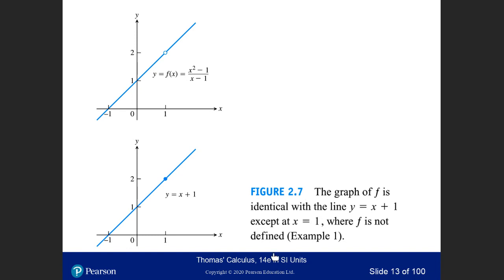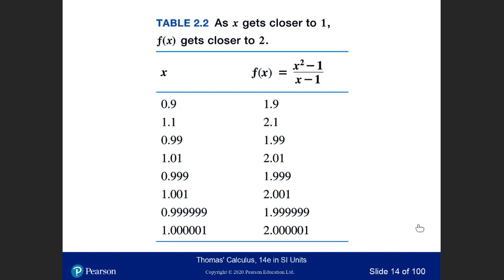Okay, so now let's look at this table. This table shows us very clearly what happens. I'm going to calculate f of x, x squared minus 1 over x minus 1, when x is not equal to 1.